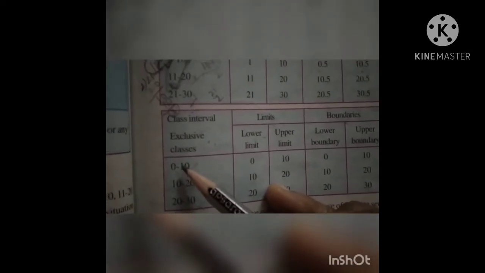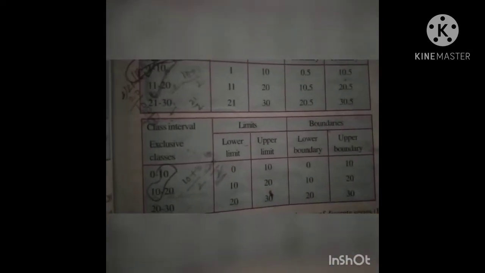Boundaries mean the average of the upper limit of the first class and the lower limit of the next class. So here 10 plus 10 is 20, divided by 2 is 10, so the upper boundary is 10.